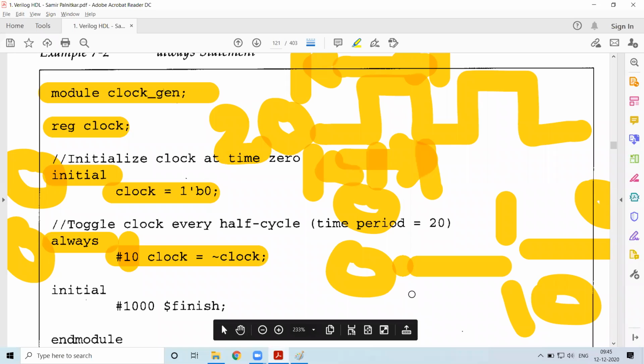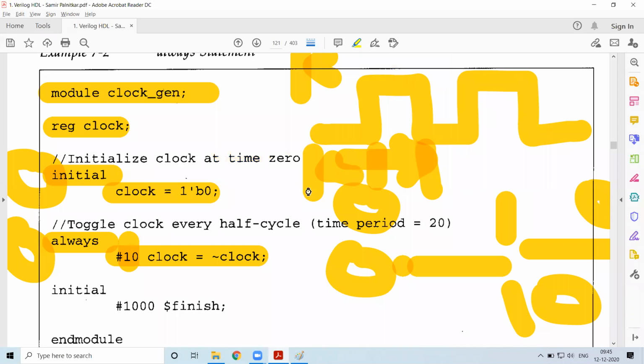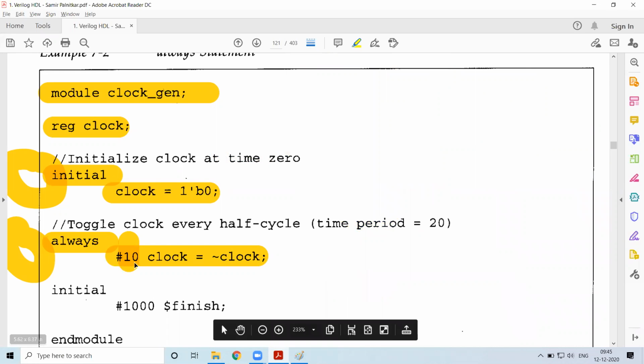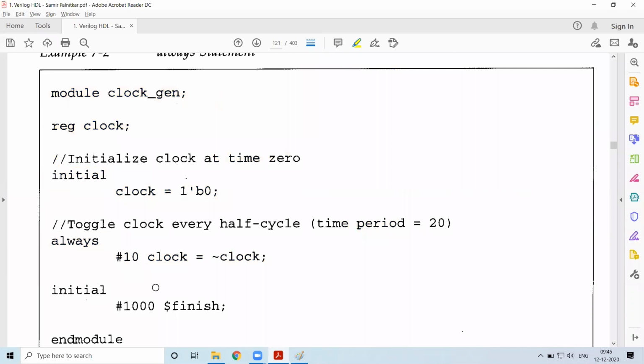So you are generating a clock with a time period of 20 time units, because it is toggling its condition for every 10 time unit delay, as specified here.